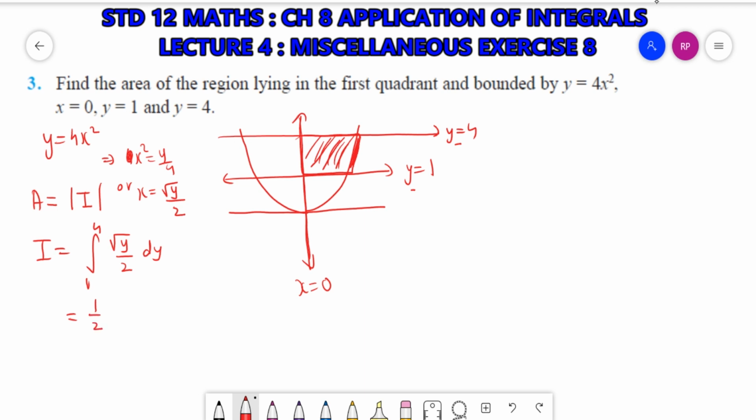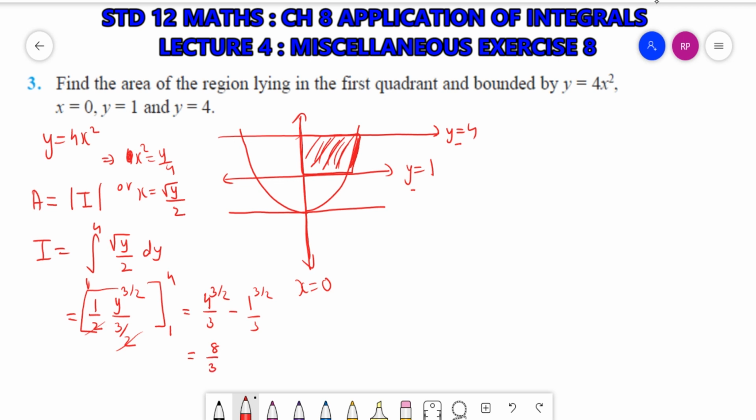1 by 2 is a constant. Now square root of y means y raised to 1 by 2. Its integration is y raised to 1 by 2 plus 1, that is 3 by 2, upon 3 by 2. 2 will get cancelled. It's from 1 to 4. So it will be 4 raised to 3 by 2 upon 3 minus 1 raised to 3 by 2 upon 3. 4 raised to 3 by 2 means square root of 4 is 2 and its cube is 8.